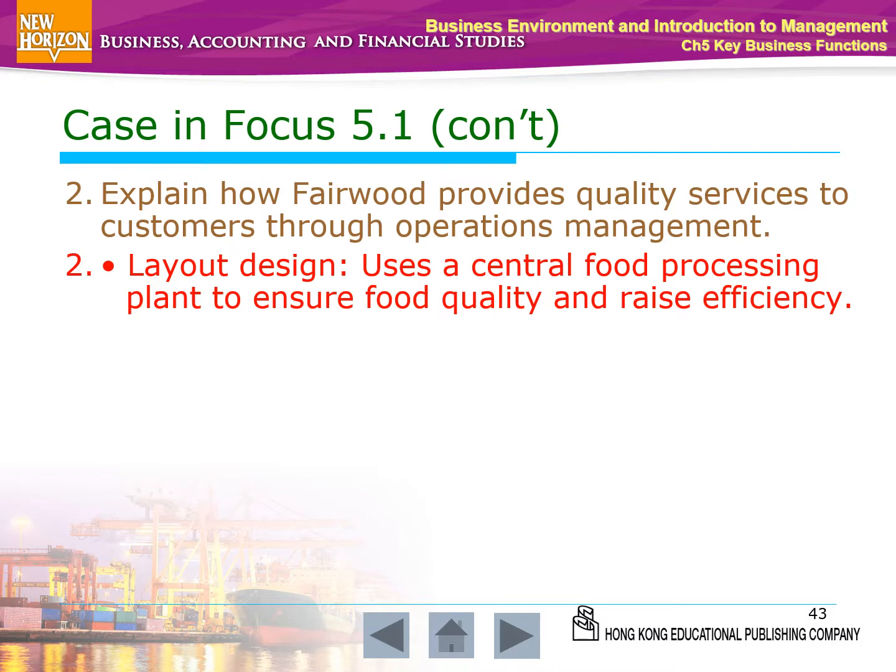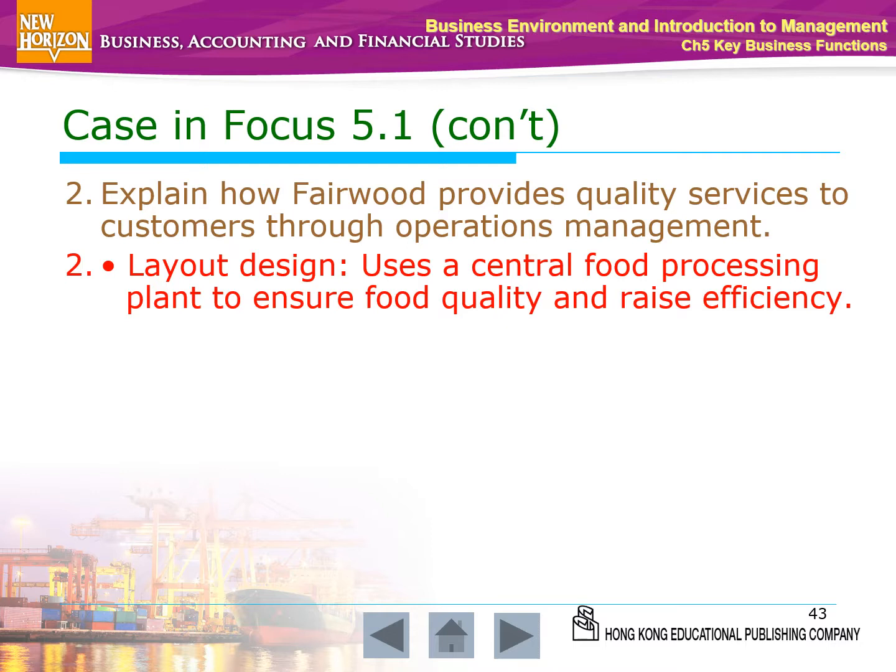So number 1, layout design uses a central food processing plant to ensure food quality and raise efficiency. You know, if the lunch boxes produced are of different qualities, of different tastes for the same menu, the customers will not be satisfied with this.